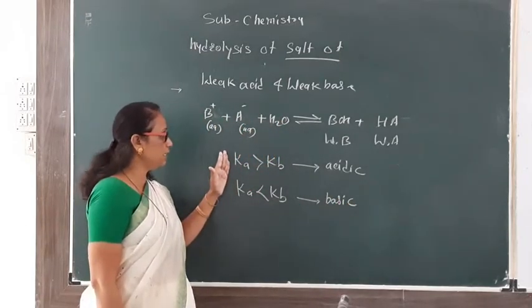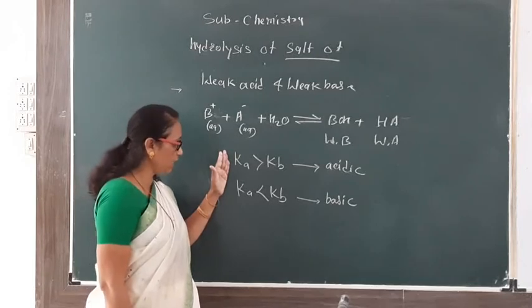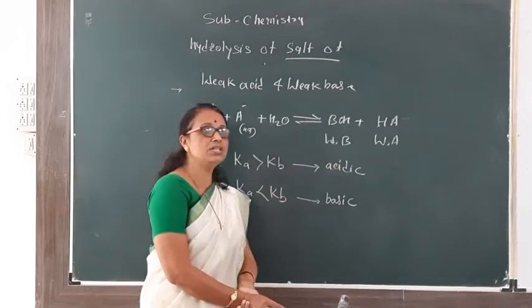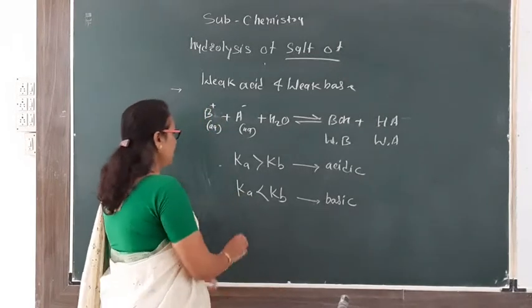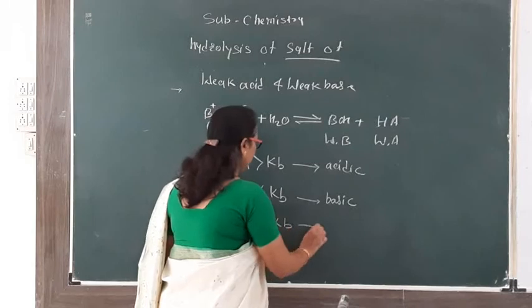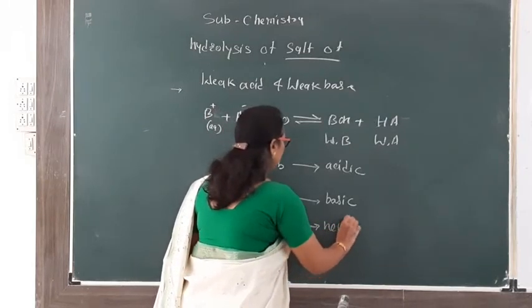Acid चा जर डिसोसिएशन कॉन्स्टंट जास्त असेल तर सोल्युशन ऍसिडिक असेल, जर बेसचा डिसोसिएशन कॉन्स्टंट जास्त असेल तर सोल्युशन बेसिक असेल. And if Ka equal to Kb, then the solution is neutral.